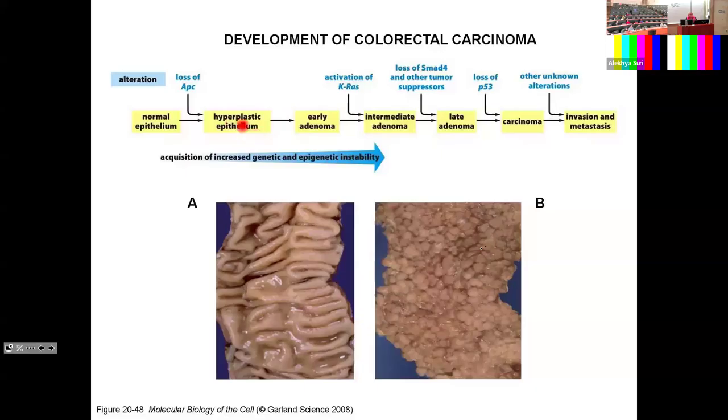But say that person didn't go to the doctor and nothing was done. Then you can have activation of KRAS. RAS is a proto-oncogene. There are many cancers that have mutations in RAS.